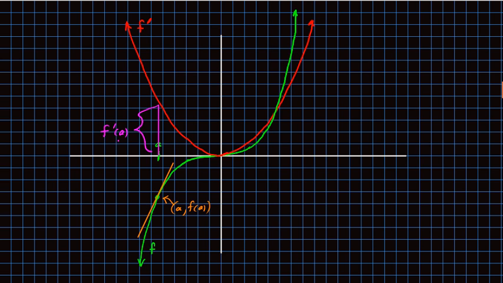But if you think about plotting the point (a, f prime of a), which belongs to the graph of f prime, that number becomes a height. So the slope of this line now becomes this height. And that happens at every point a. The heights of f prime, that is the height above the x-axis, correspond to the slope of f. Okay, in future videos we'll talk about individual problems involving this concept.